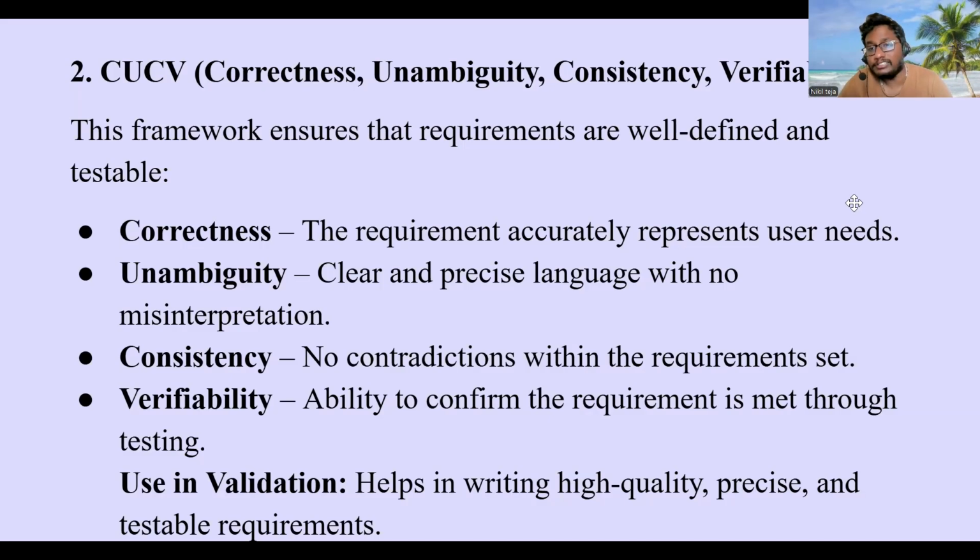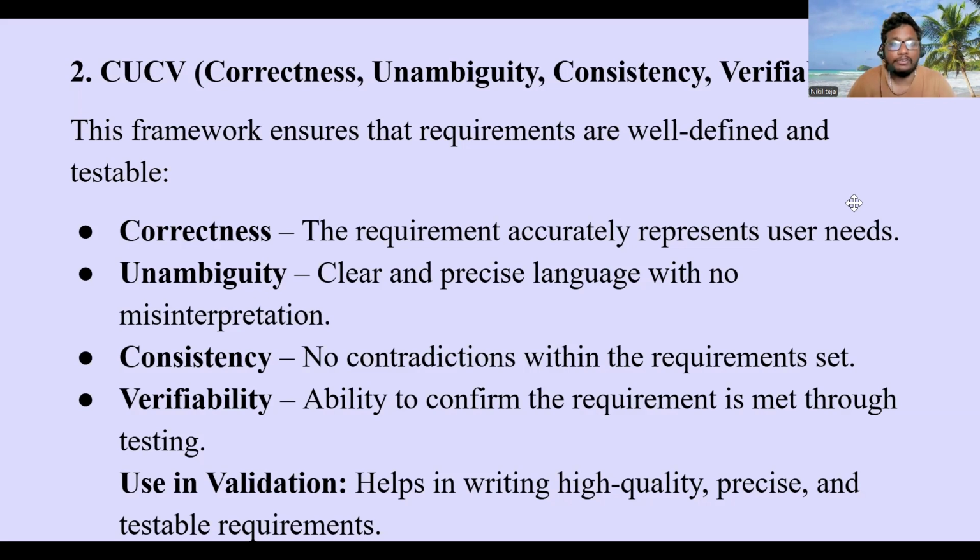Consistency: no contradictions within the requirement set. Verifiability: the ability to confirm the requirement through testing. Use in validation helps in writing high quality, precise, and testable requirements, so there is no scope for misunderstandings or miscommunications, and no scope for deriving other meanings.